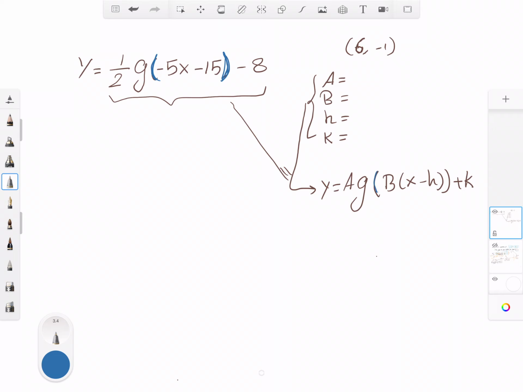So here we have one parenthesis only, but our formula has two parentheses, and then this is b. Inside of x minus h, the coefficient of x should be 1, but here we have -5. So I'm going to factor out the -5, and I'm going to get x plus 3. Then g, close the parenthesis, 1/2, minus 8.